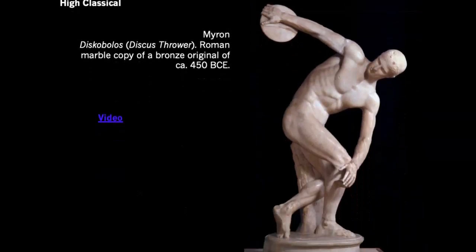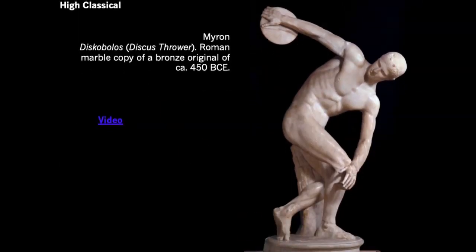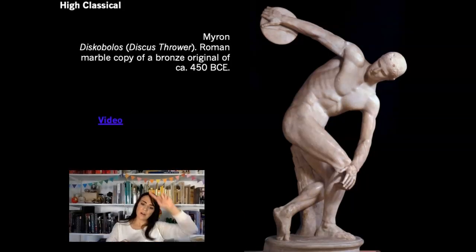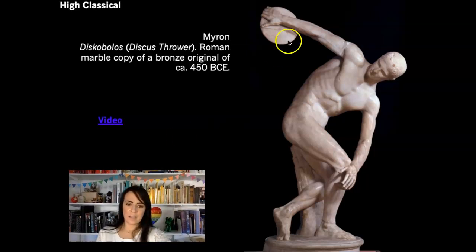What do I mean by that? It's not only balanced in its push and pull, forward and backwards, up and down, but Myron has also created these two major V's that echo, one here and one here.